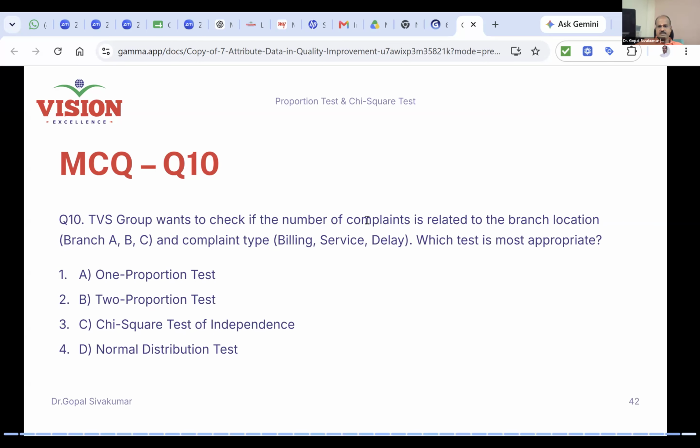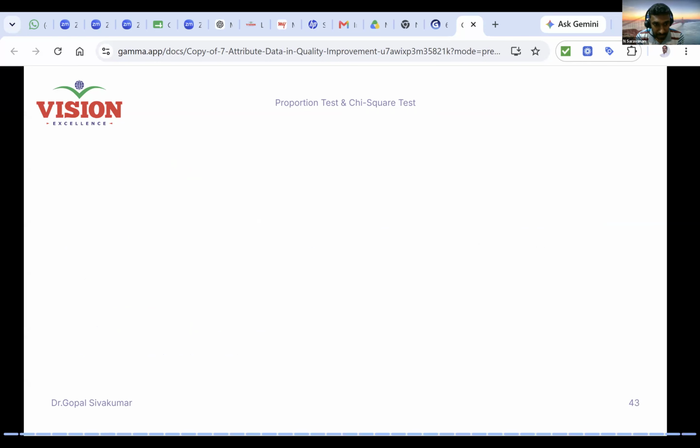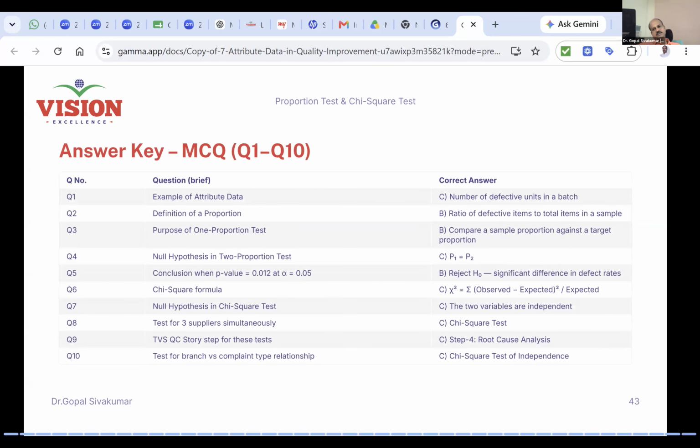If the number of complaints is related to branch location and complaint type, which test is most appropriate? Chi-square, absolutely. Multiple locations and multiple complaint types. Yes. So here are your answers.